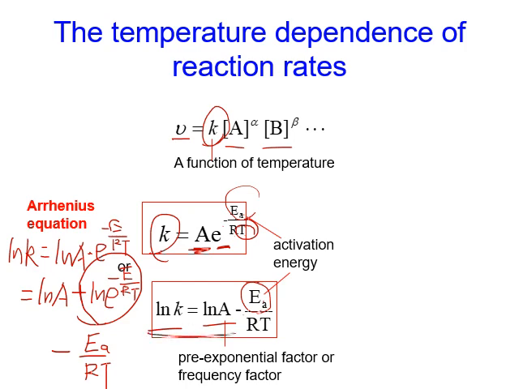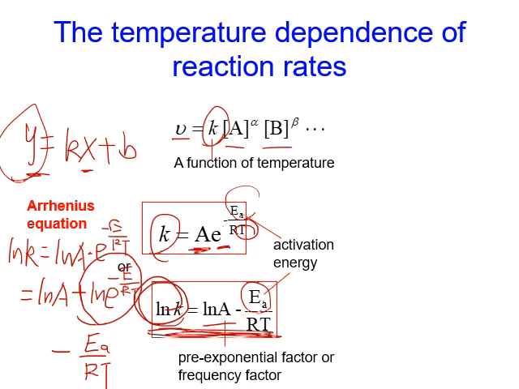Okay, now this equation resembles a linear equation y equals mx plus b. So here y is ln k, and T here is the variable, so x here is 1 over T. And then negative Ea over R is the slope.